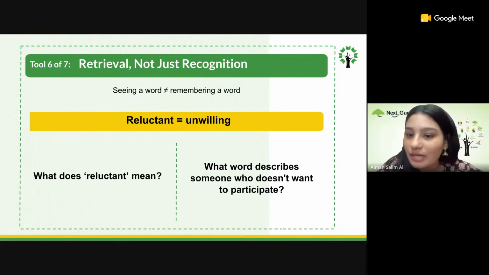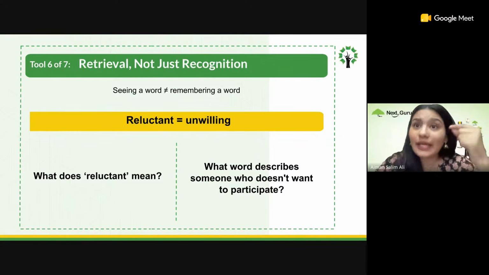Let's say if I give them reluctant and I tell them it means unwilling. In my question, I have not used the word unwilling at all. So this question will really help me as a teacher understand if my student has actually grasped the nuance of that word.